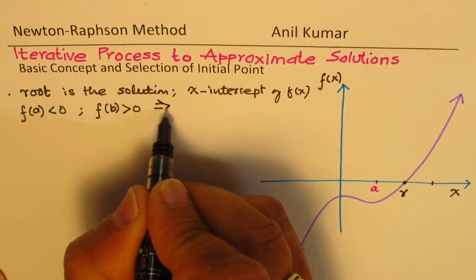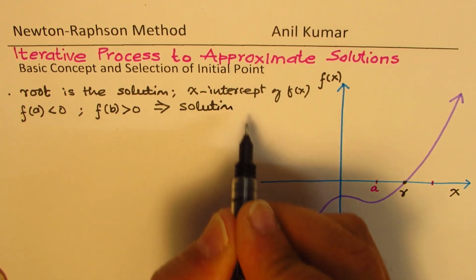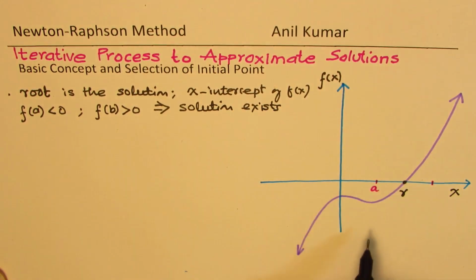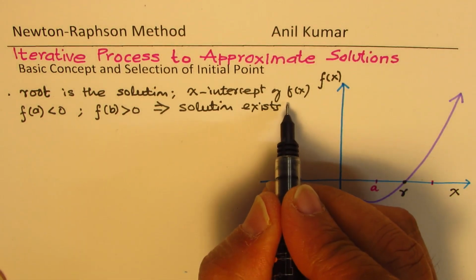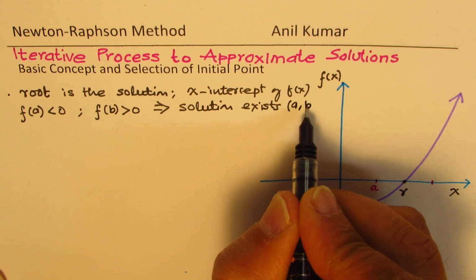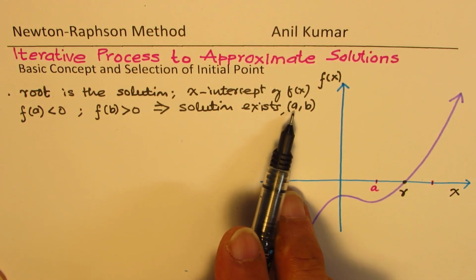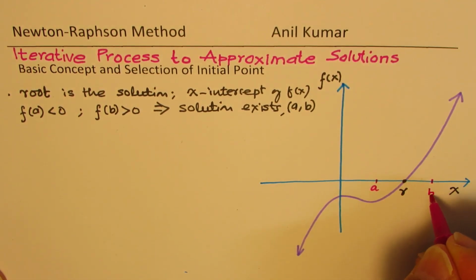So this implies that a solution exists between a and b, in the open interval, since we know a and b both are not giving us zeros. So they are giving some values which are positive or negative.